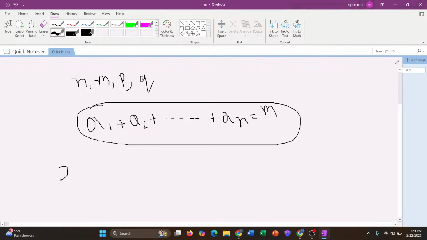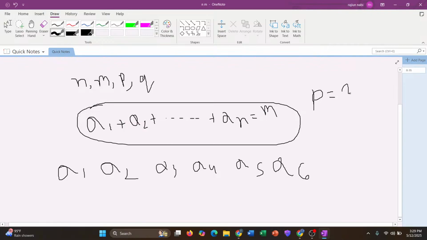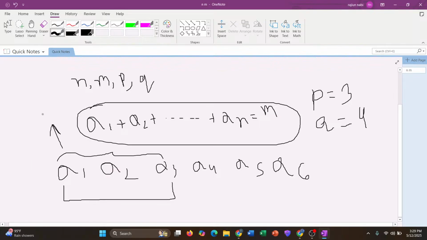That means, suppose the array is a1, a2, a3, a4, a5, a6, and p is equal to 3 and q is equal to 4. That means the sum of every consecutive three elements is equal to 4. So this is the consecutive three elements, the sum of it is q.